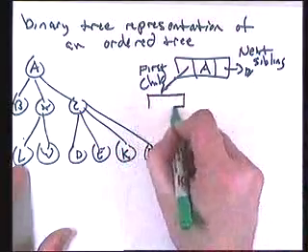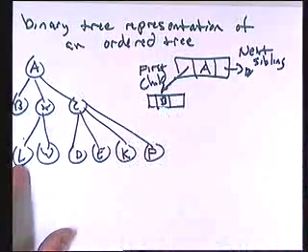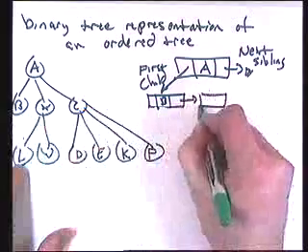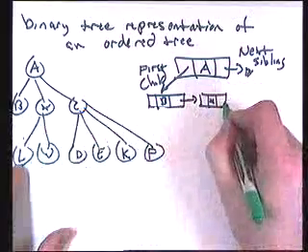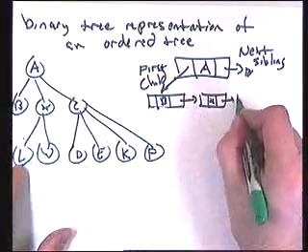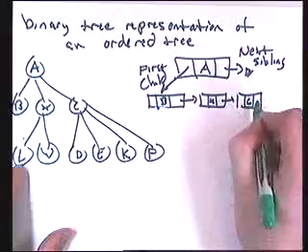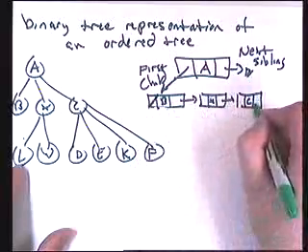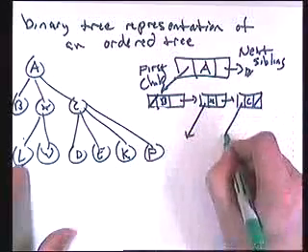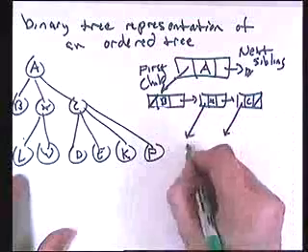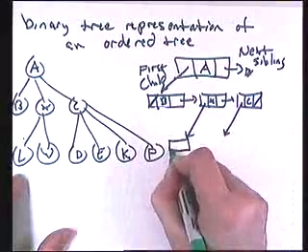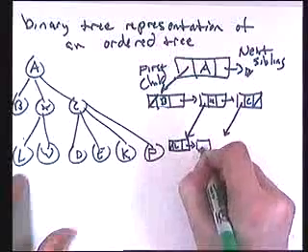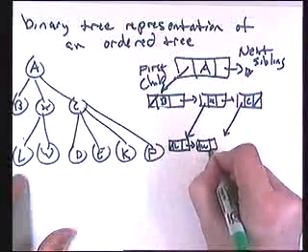For the first child, we point to the first child, and then that points to the next sibling. So that is, instead of having a node containing the root value and a linked list of children, we would instead have a linked list composed out of the children themselves, and that's what we're doing here. So here the first child would be L, which has no first child of its own, and then that points to W, which likewise has no first child of its own.